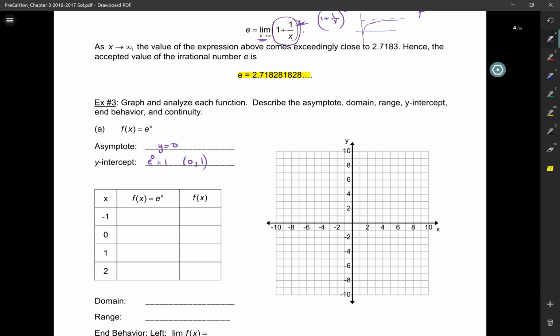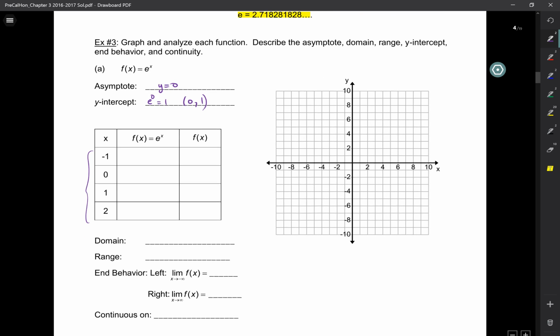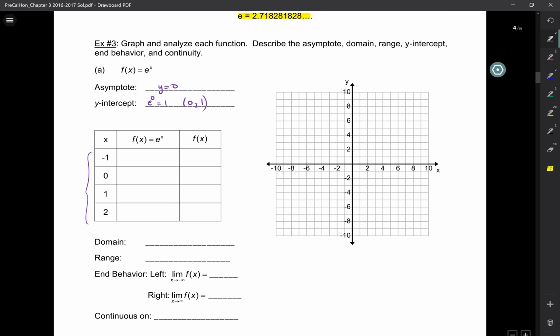Well, it's growth because it's 2.7 to the power of x, right? So I choose my points accordingly. We're going to use our calculator to figure out these values here, right? So we're going to have e to the minus 1, e to the 0, we know is equal to 1. e to the 1 is 2.7.